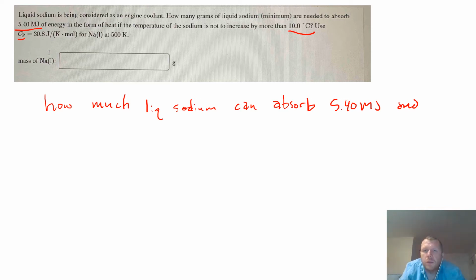So what this ultimately boils down to is this is your amount of heat, and your delta T, your change in temperature, is 10.0 degrees Celsius.